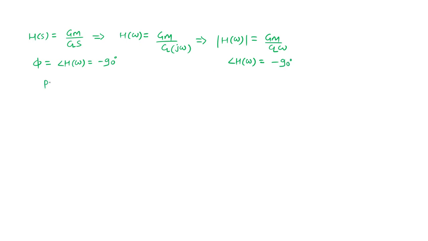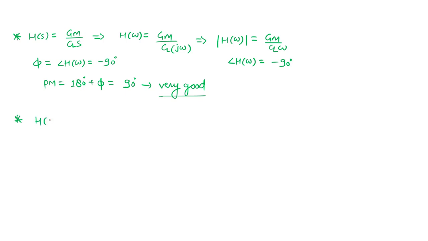So from here, the phase margin is 180 plus phi, which is nothing but plus 90 degrees, which is a very good phase margin. Because it is the ideal case, it is very good, which is expected, but we cannot achieve it, because no structure is ideal. No current source is an ideal current source in the practical world, or I can say no GM cell is an ideal GM cell.